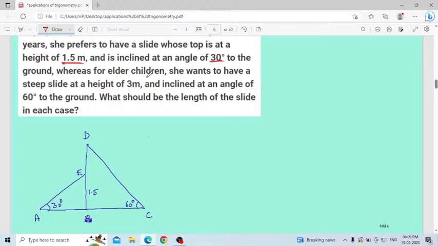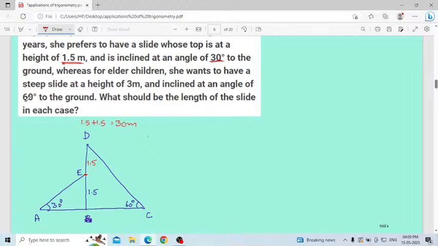Whereas for elder children, she wants to have a step slide at a height of 3 meter. If this one up to here is 1.5, means E and D is 1.5, total it is 3. They are given in the question. But up to this height, up to here the small slide, the height will be 1.5, remaining it will be 1.5 only.